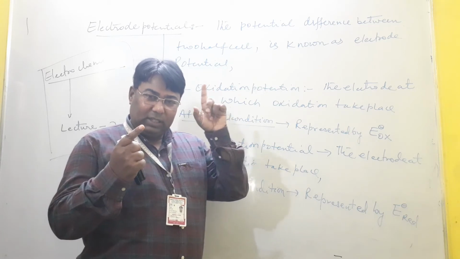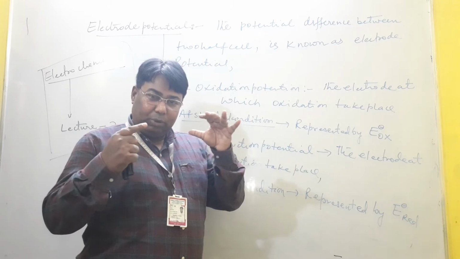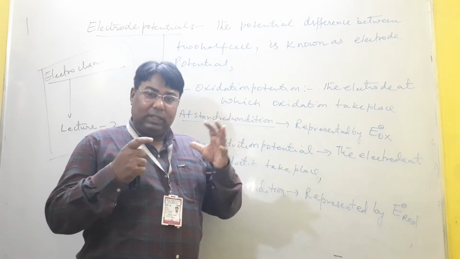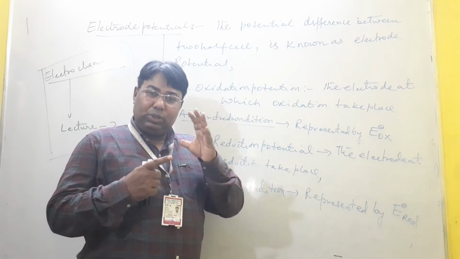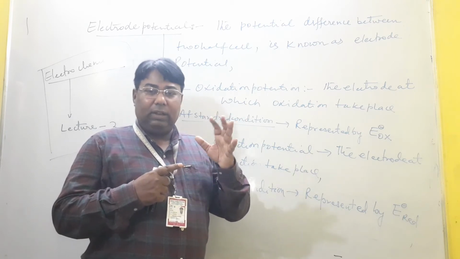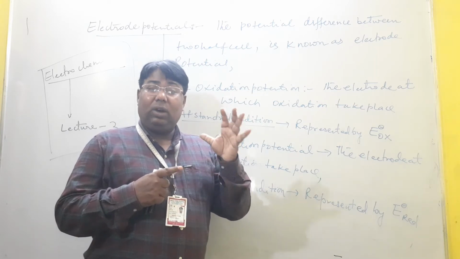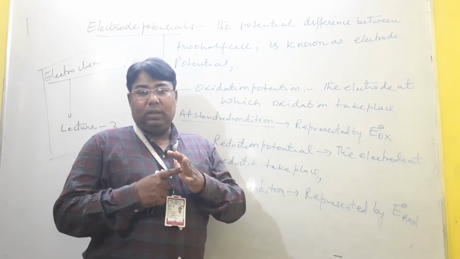So between the zinc rod and the Zn2+ ions, there is a potential difference because of the difference in electrons. This is said to be the oxidation potential or electrode potential.